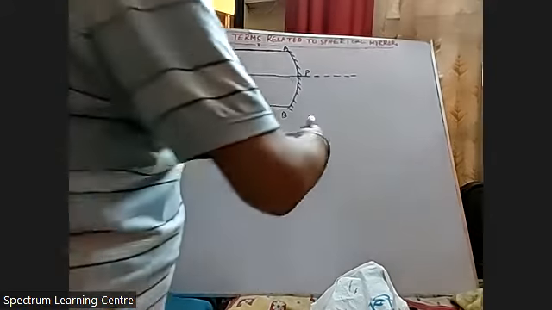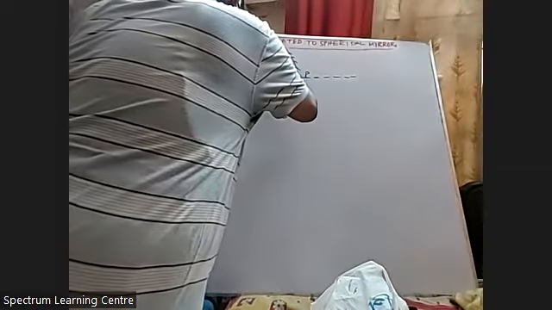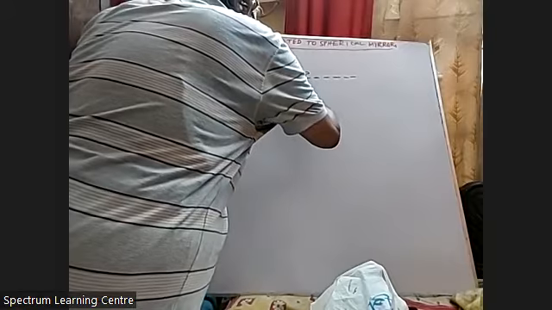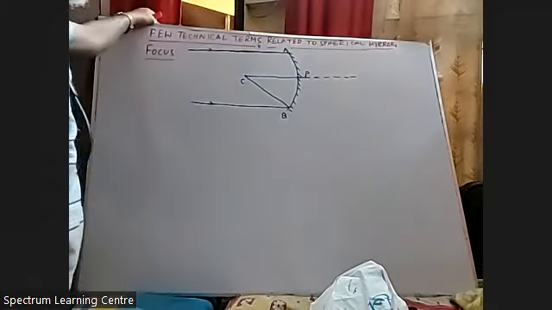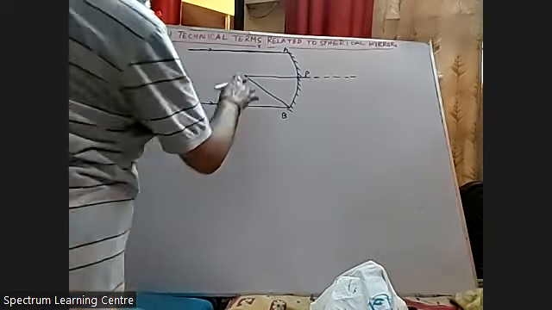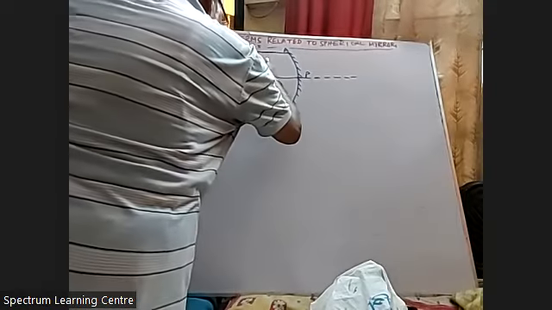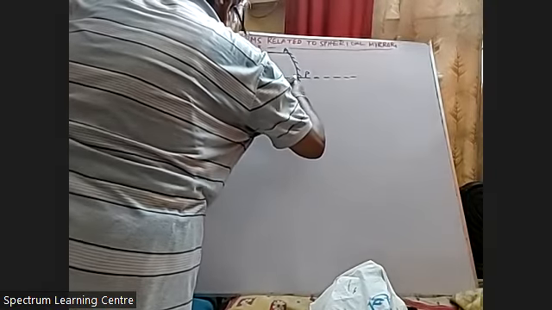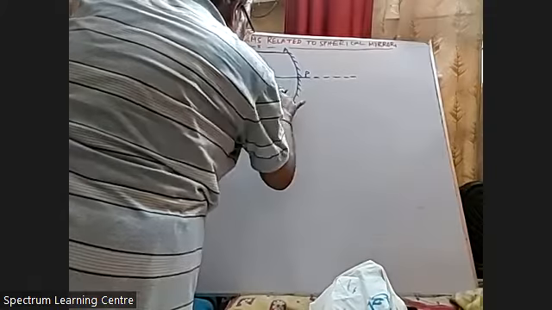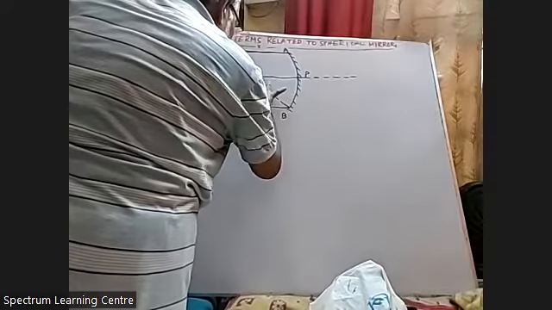Now after reflection, yes, this will be a line, but dotted.